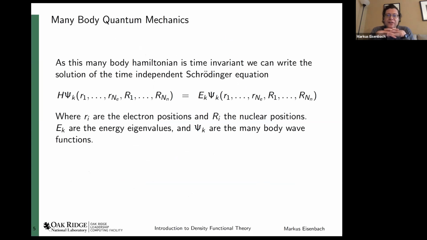So if the Hamiltonian is time invariant, as the one we've just written down, if we don't have an external field, it is, we can in principle find the solution of the time-independent Schrödinger equation, which depends on all these coordinates.